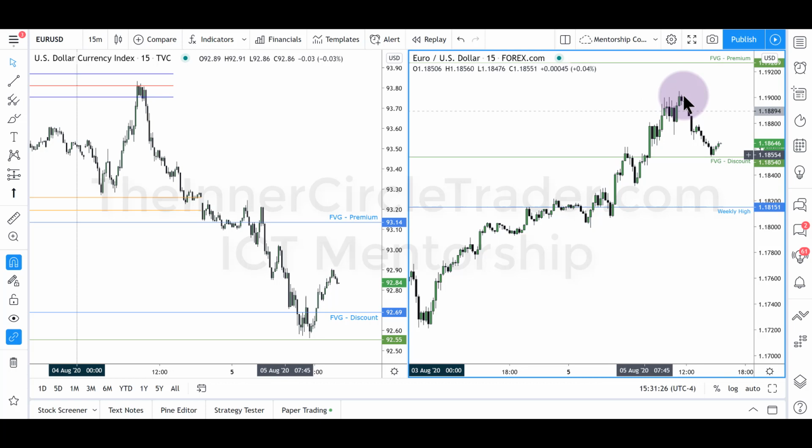We're looking for higher prices, and there is a fair value gap as I instructed on yesterday's video to look at. Go back and watch that because it doesn't appear in this chart here. So I'm a little clumsy with this TradingView still.